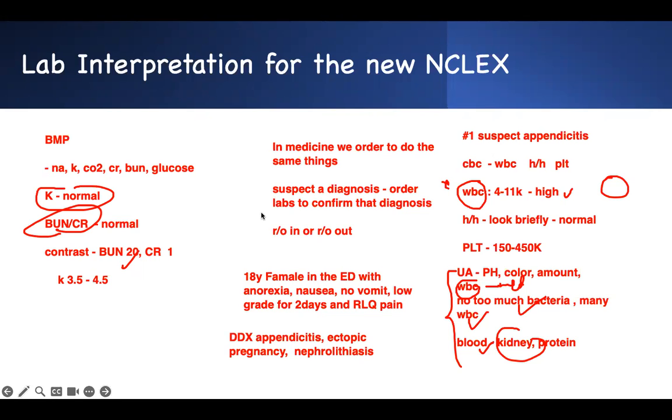That's all. Now, if they give you CRP, that is basically inflammation. It's just showing you inflammation. It's an inflammatory marker.